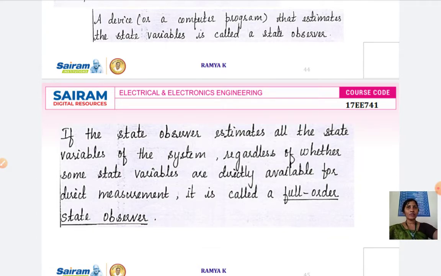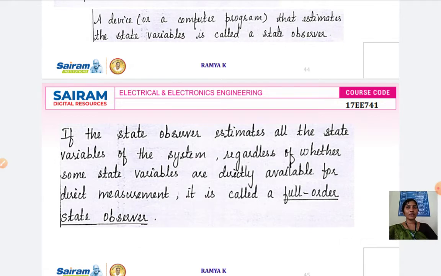Reduced order state observer means that, to make the measurement accurate, certain states may not be possible to estimate. In case of the full order state observer, irrespective of the measurement, all the state variables pertaining to the system can be identified.